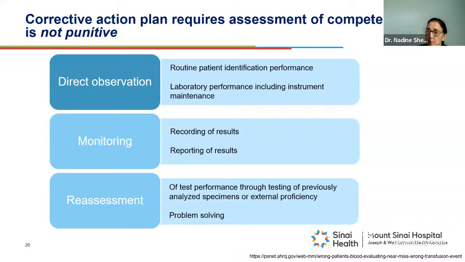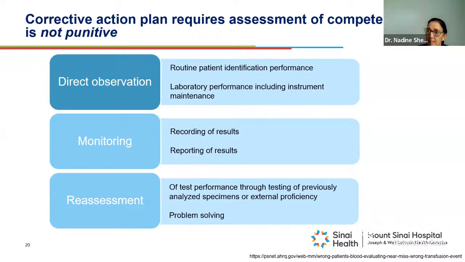That direct observation, for instance, if it happens at the bedside where there's an error, then it's routine patient identification performance. If it's in the lab, for instance, for instrumentation, then again, it's laboratory performance, looking at instrumentation maintenance. If it's monitoring, then ensuring that, for instance, results are recorded properly or reported properly as well. And lastly, it's reassessment.